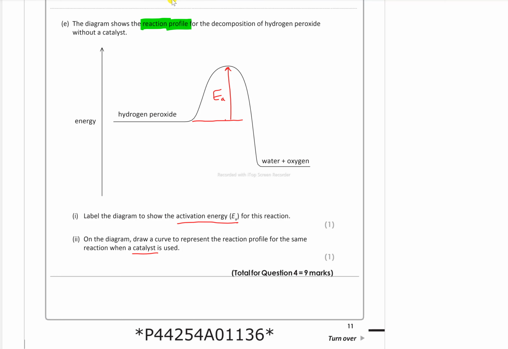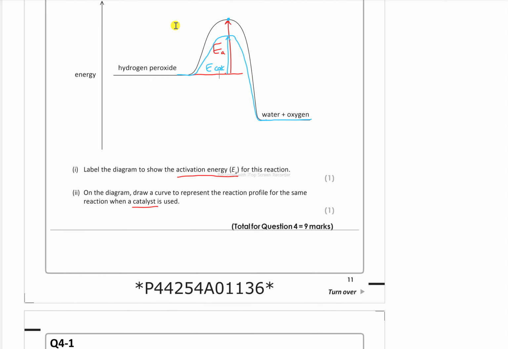All you do is follow this along, but this time it goes lower. Can you see? That's the activation energy, but lower, and just follow it down, and it just finishes there. And you can label that E cat. That's what you'll come across.